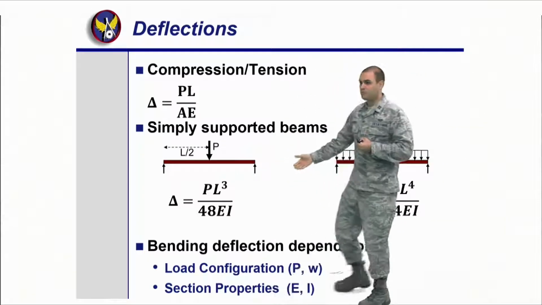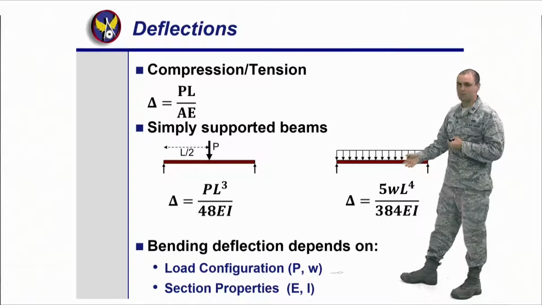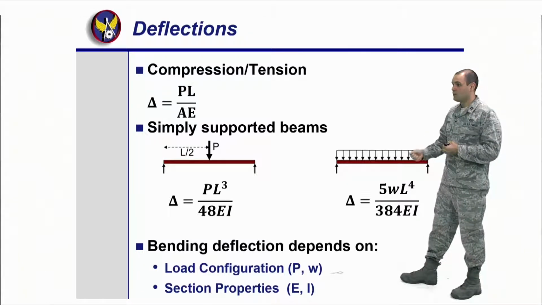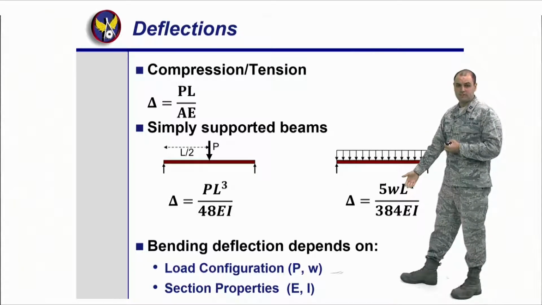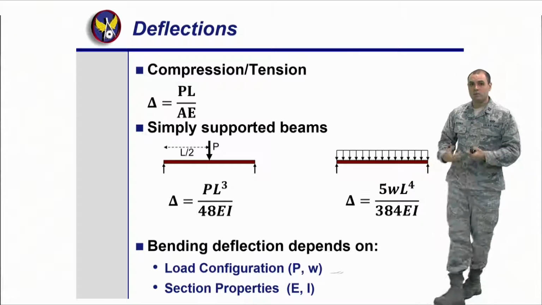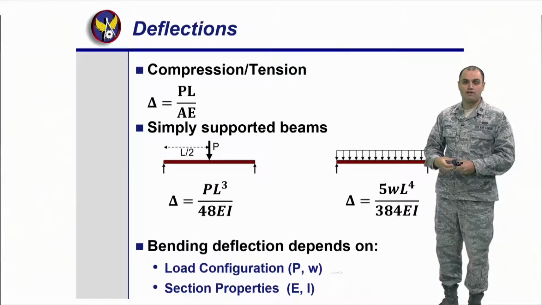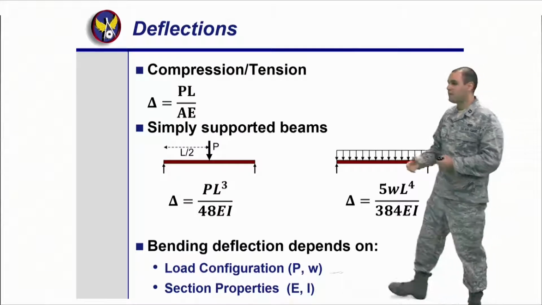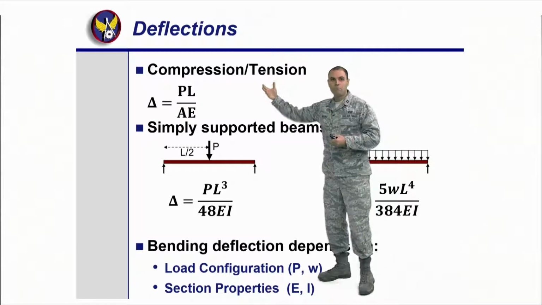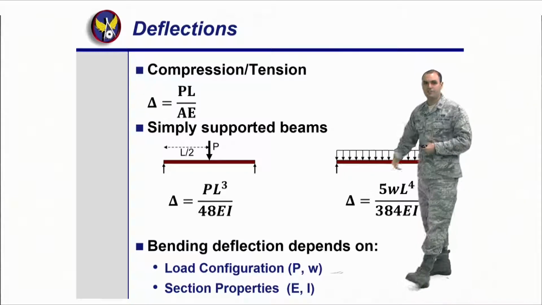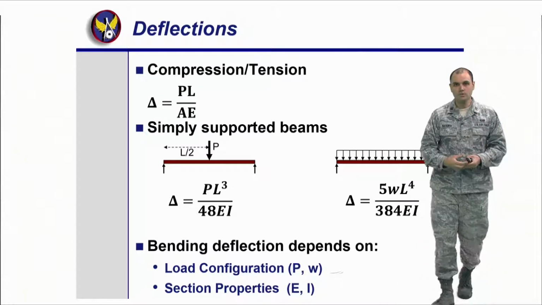I got the length of the member, L, and the length is related depending on what force you're using. I got E, the modulus of elasticity, and I got I, the moment of inertia, which is a section property of the member that you have, of the shape that you have, right? So you still have the same four components, but just sometimes called differently in a different formula, right?